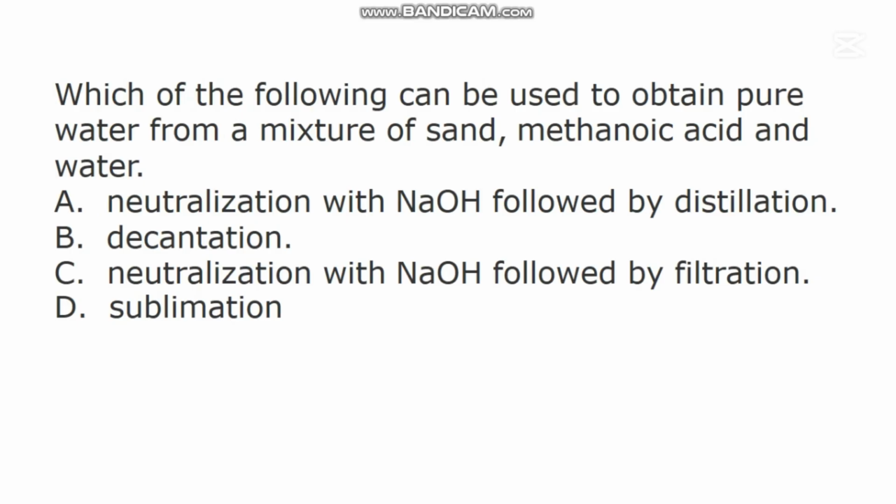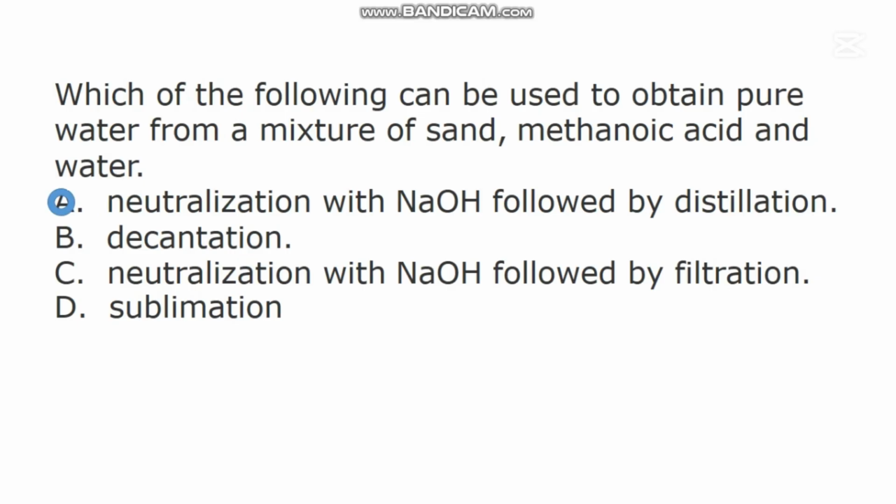C. Neutralization with sodium hydroxide followed by filtration. D. Sublimation. In this question, the correct answer is A. Neutralization with sodium hydroxide followed by distillation.